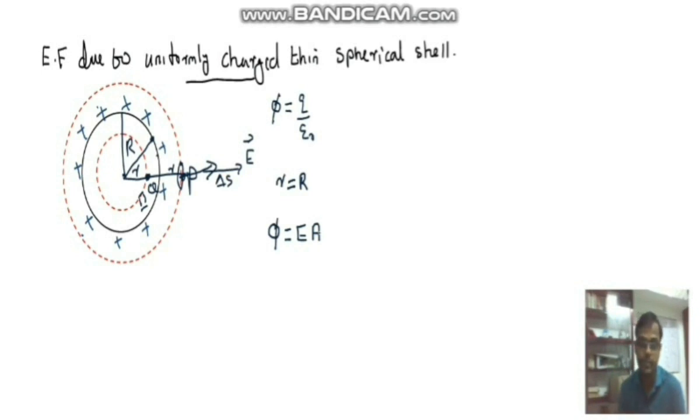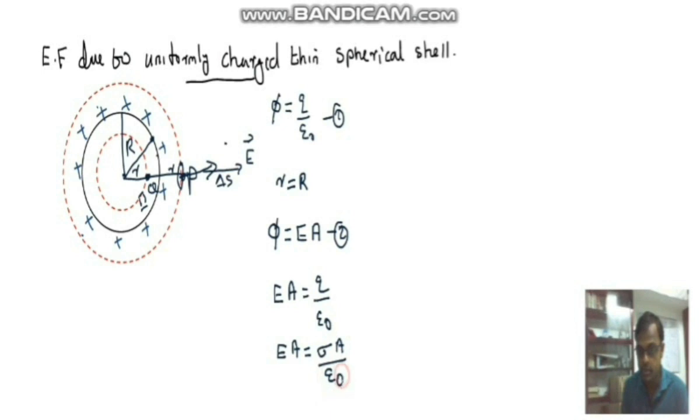I can write this as equation number 1, and this is equation number 2. Left-hand sides are equal, so we can write E into area is equal to Q by epsilon 0. What is Q equal to? Total charge on the surface, that is, sigma A divided by epsilon 0.